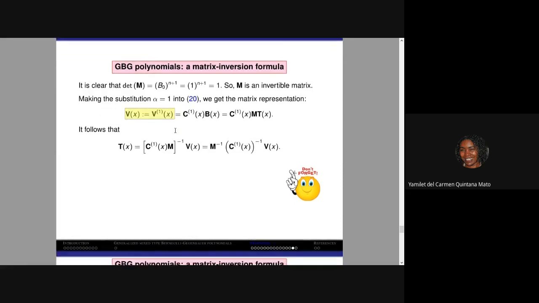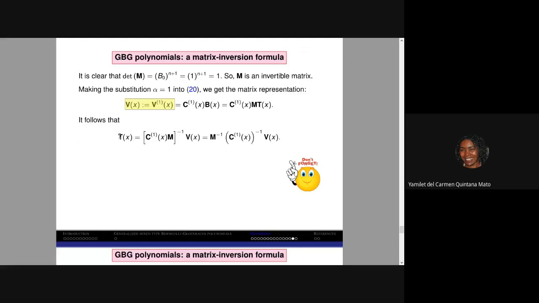Using the important property that M is a non-singular matrix, it follows that the matrix with the information about the canonical basis can be expressed in terms of this product.